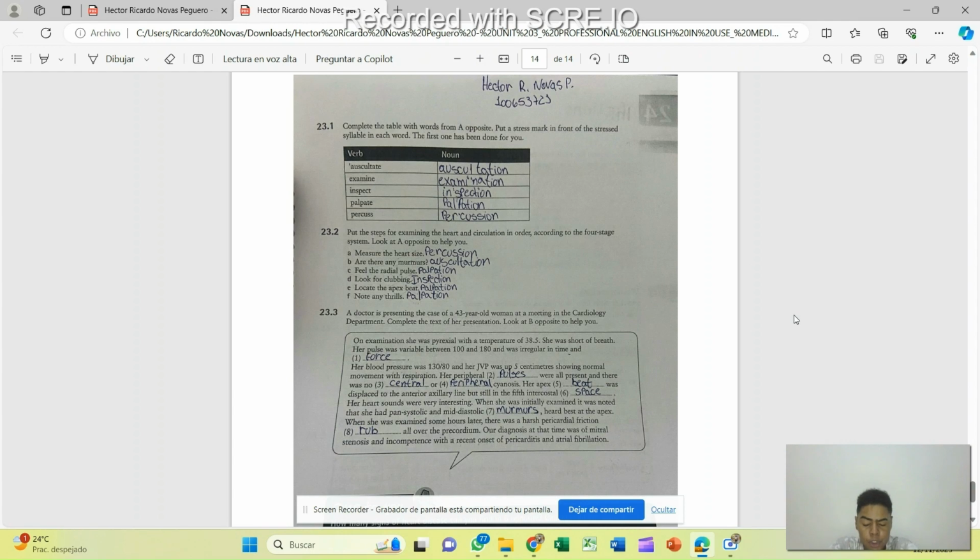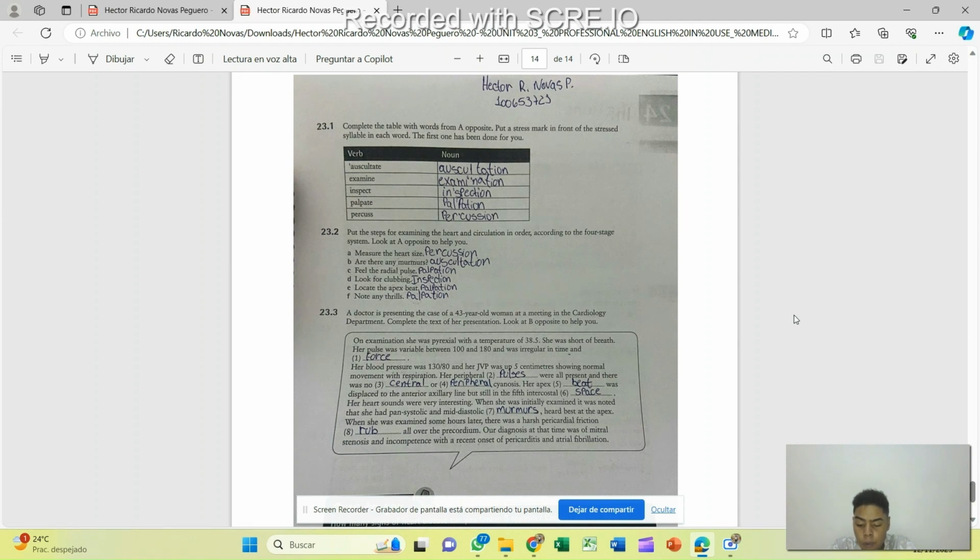23.2 Put the steps for examining the heart and circulation in order according to the four-stage system. 1. D. Look for clubbing, inspection. 2. C. Feel the radial pulse, palpation. 3.